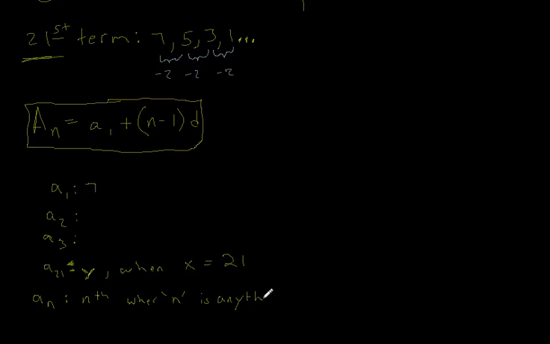That's why we have a sub n as the left part of the equation here, because you can plug any value into a sub n. You could call it a1 or a sub 1, a sub 3, a sub 21.